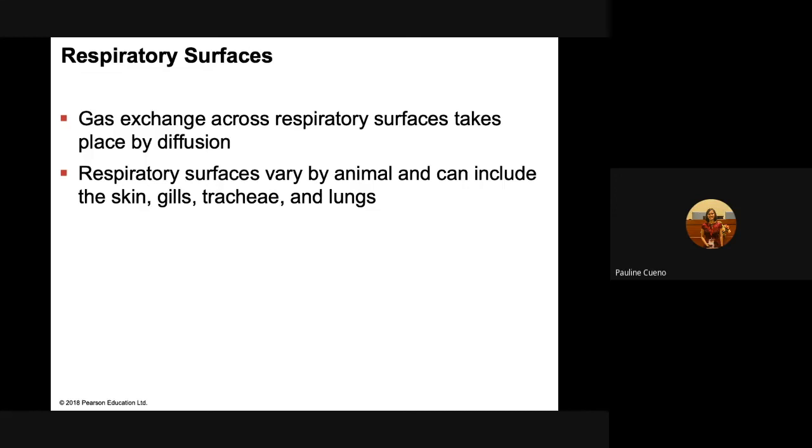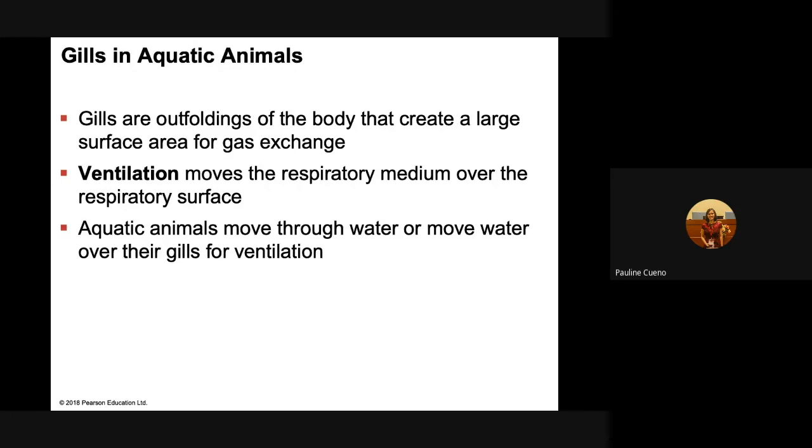Okay? There are some respiratory surfaces which vary by animal and can include the skin, gills, tracheae, and lungs. So, depende yan sa animals kung ano yung kanilang respiratory organ. For the gills in aquatic animals, these are outfoldings of the body that create a large surface area for gas exchange.